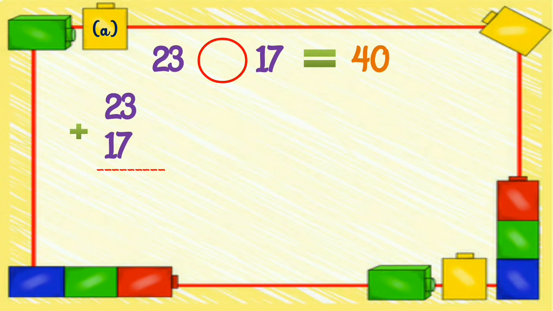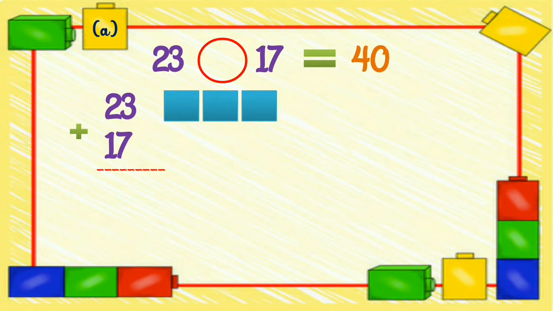Now we take the first digit from the right side of both numbers. The first is 3, so here we see the number 3. 1, 2 and 3.